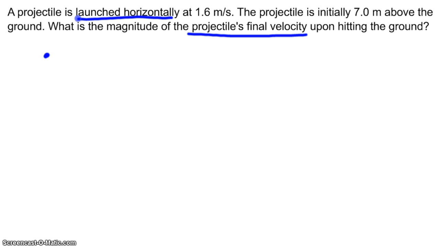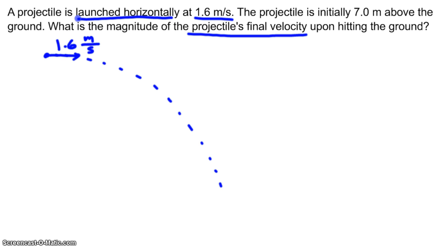Our projectile starts right there. It follows this parabolic trajectory. The path is shaped like a parabola. And when we first throw it, it has 1.6 meters per second of velocity. That's the initial velocity, but it's also the x velocity, because initially it's only going in the x direction.